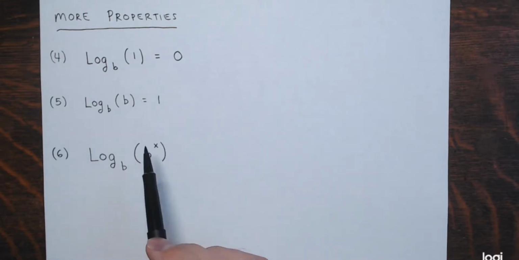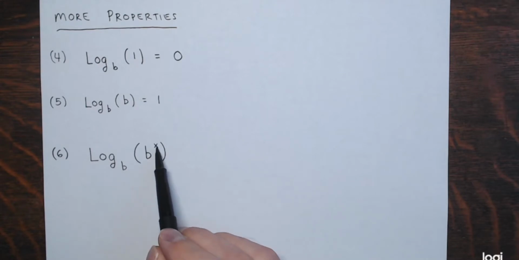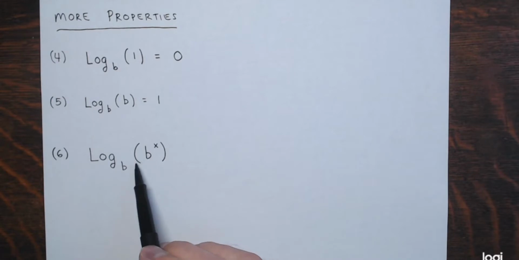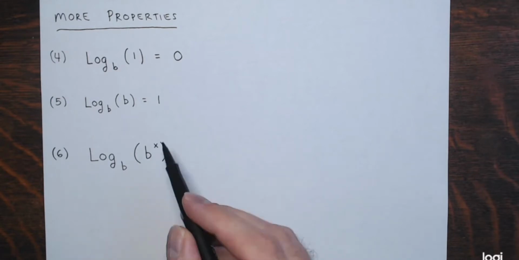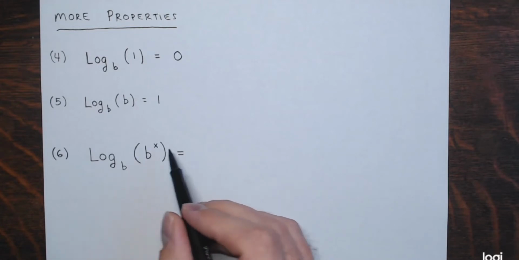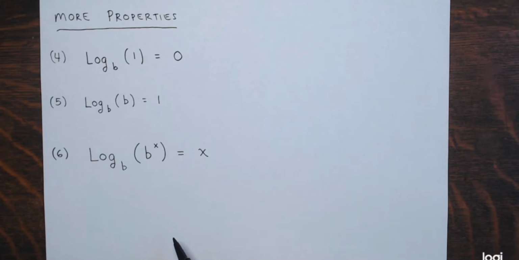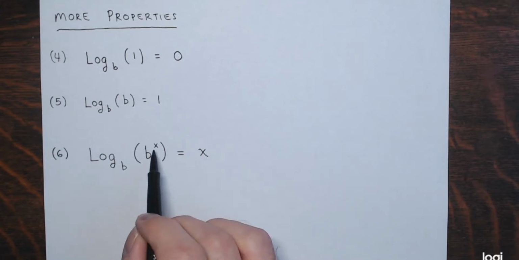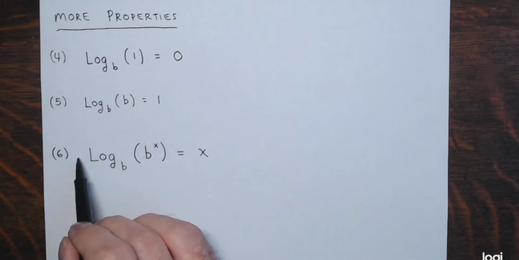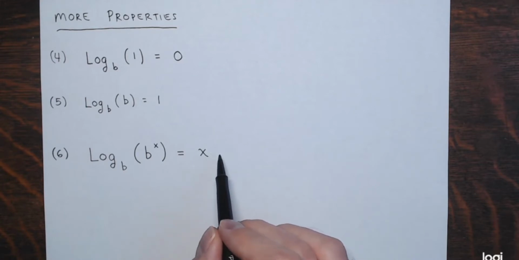Okay. So again, this base here and this base on the exponent of x, these bases are the same. Then they'll just undo one another, the logarithm and the exponent here, and you'll be left with just x. And hopefully, you could also apply that power property and pull the x out, and then you'd have x times the log base b of b, but the log base b of b is just 1, so you have x times 1 or just x at the end.